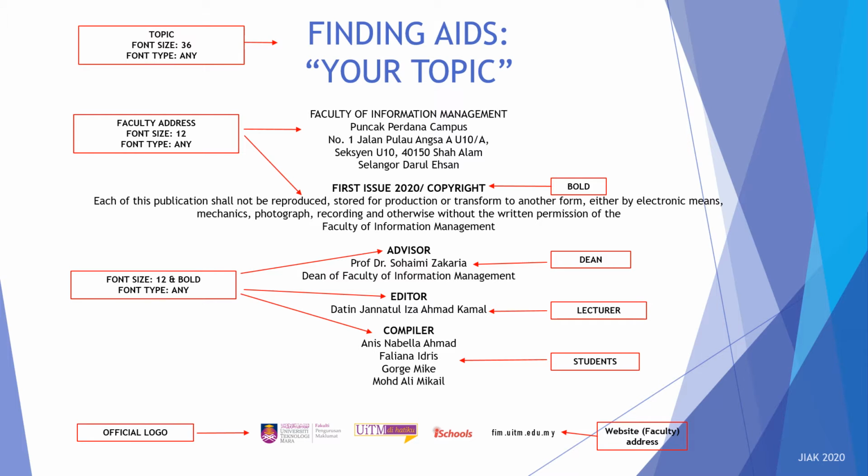Here is the font size, I already stated here what you have to follow. The font type is any, but it must be appropriate, okay? And the next one will be the faculty address, and it should be in size 12. Again, any type of font.